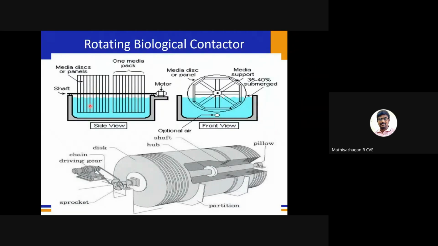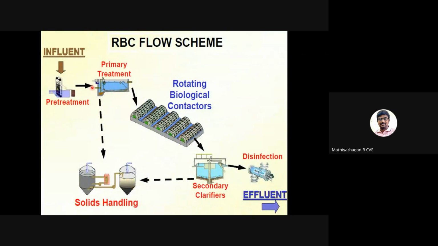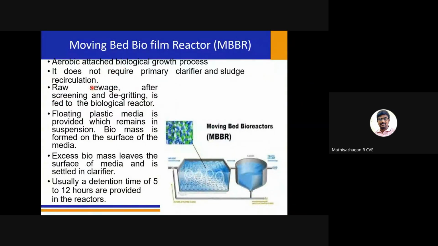Whenever it enters the sewage, the bacteria decompose the organic matter, and it comes out of the sewage. Because of contact with the atmosphere, it gets oxygen. This is the way the RBC does the treatment process.